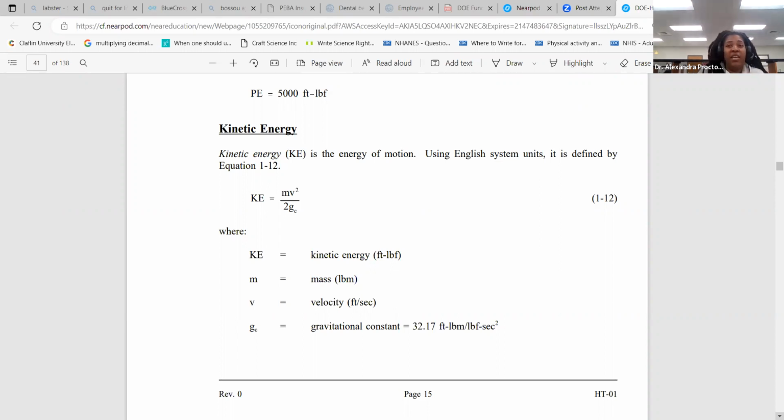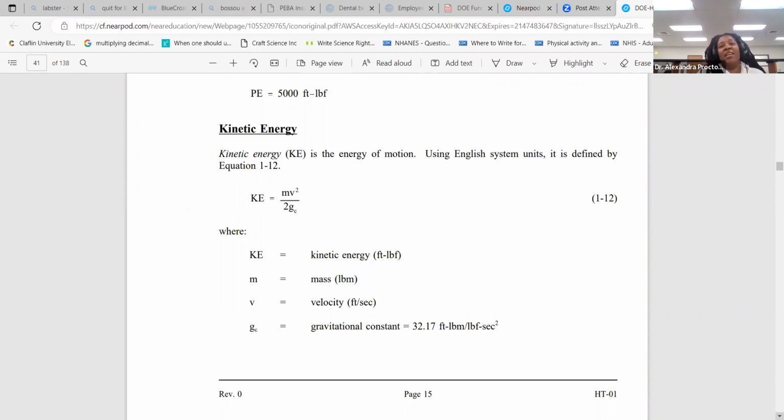mv squared over 2g sub c, or the gravitational constant, where kinetic energy is in foot pounds force. Just like potential energy, m is the mass, pounds mass. V actually is velocity, which is in feet per second.